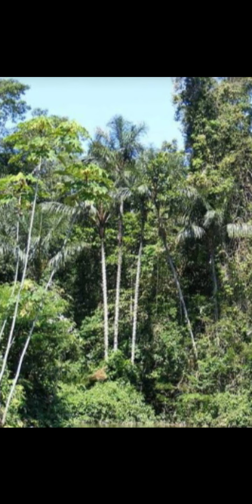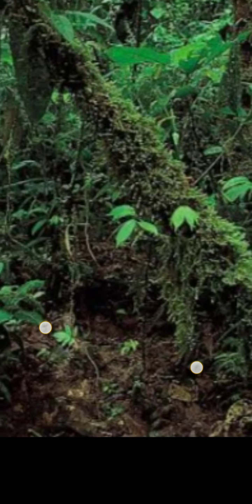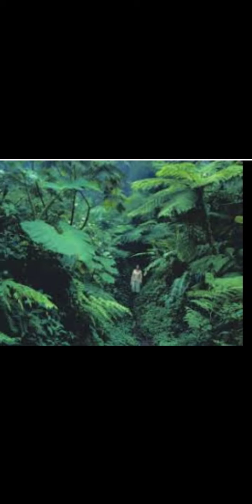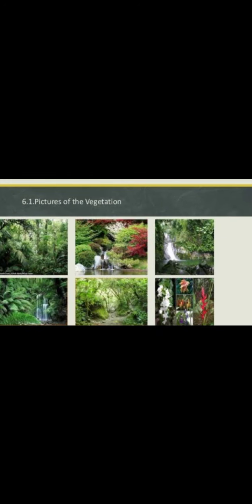Some of the canopies are very tall and some are short, and the short ones overlap over the soil and make another layer. In the forest, the leaves are very big, around 15 to 30 centimeters in the equator region.